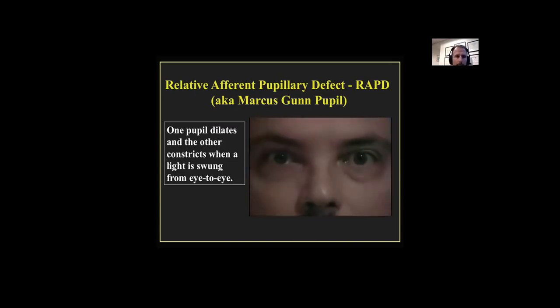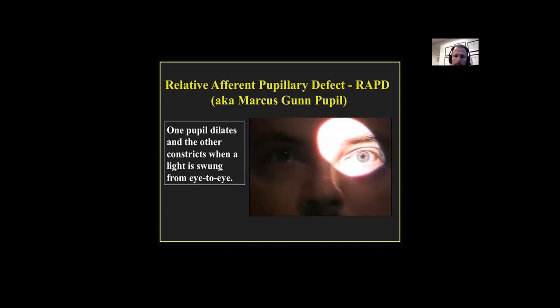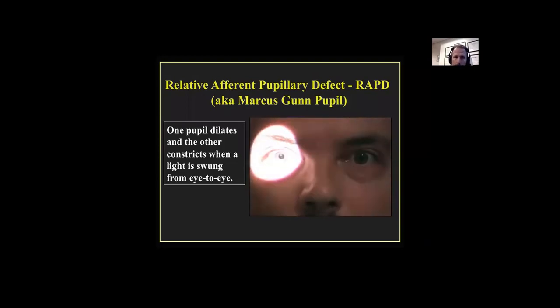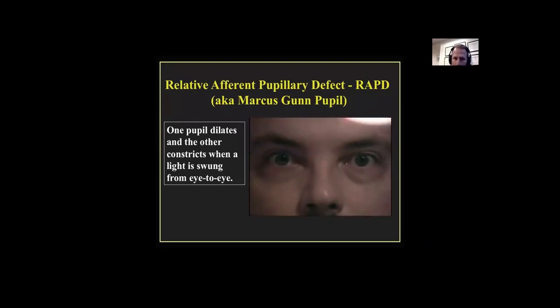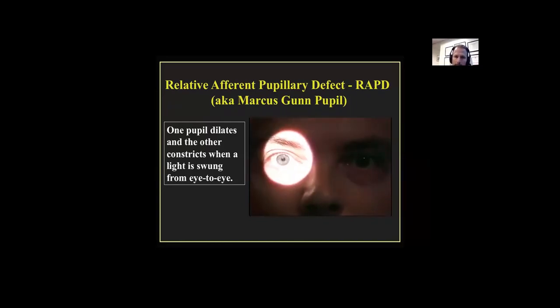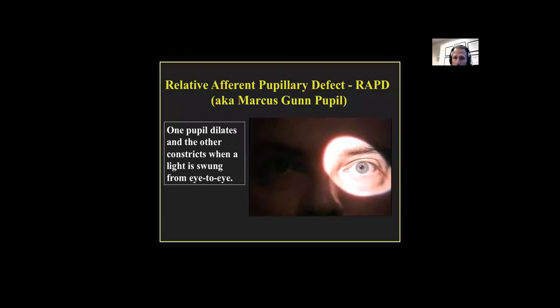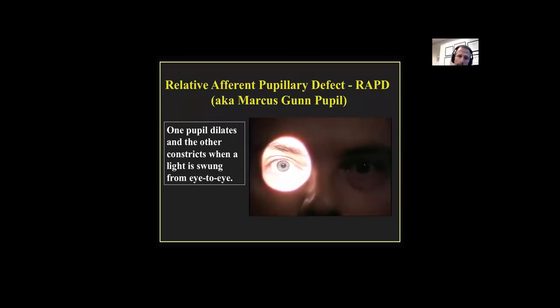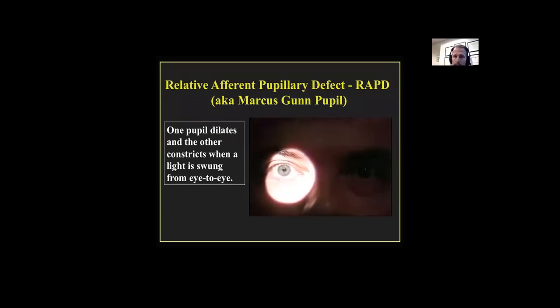So the definition I put here in the box in white, one pupil dilates and the other constricts. Now really they're both dilating, it's just hard to see that when the light is shown, in this case, in the right eye. You'll see, you can't really see the left pupil. Both are dilating. When you swing the light back, both are constricting. Why?